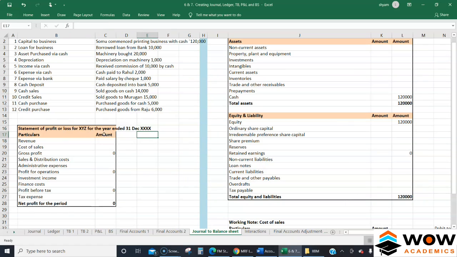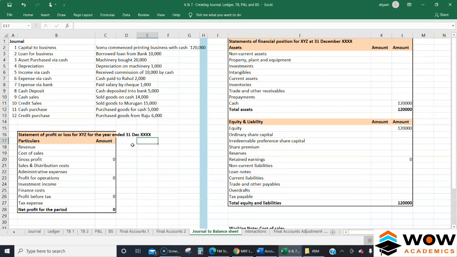I think it would be quite easy now to look at how the numbers are moving, because you could see the balance sheet easily in one single screen.